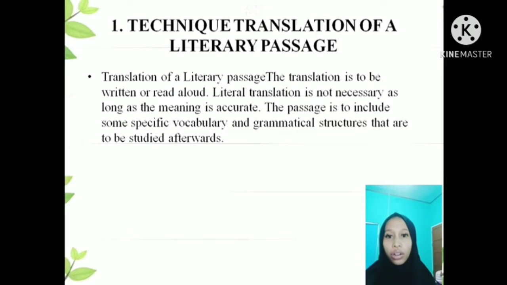The passage chosen is literary, which is considered superior to spoken language. The aim is to develop translation skills. In this case, the students are considered successful learners if they can translate well.